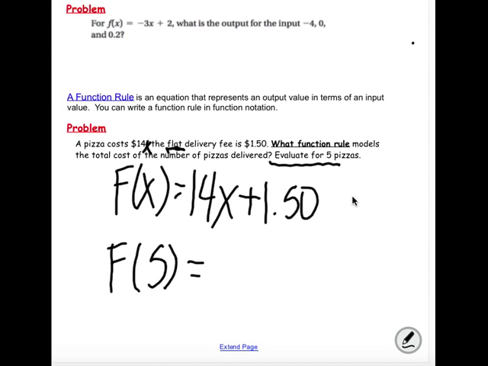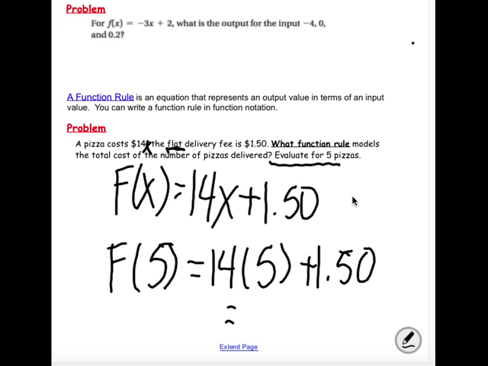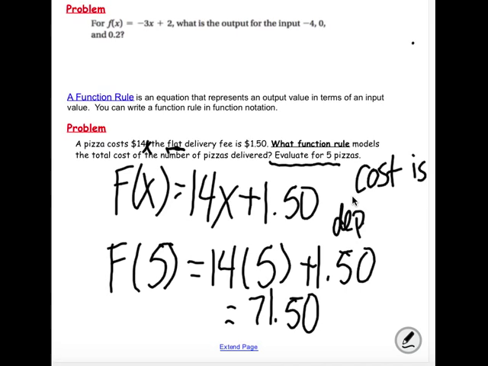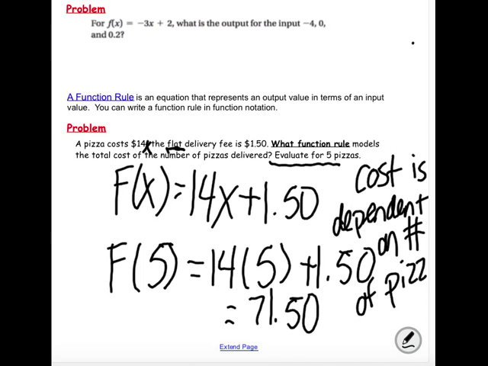So what would the cost be if you ordered 5 pizzas? So plug 5 in, and we get out 71.50. So if it asks for dependent or independent, you would say cost is dependent on the number of pizzas. And that is all for lesson 2-1.